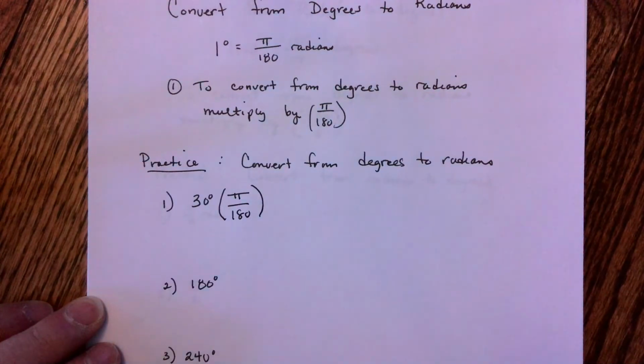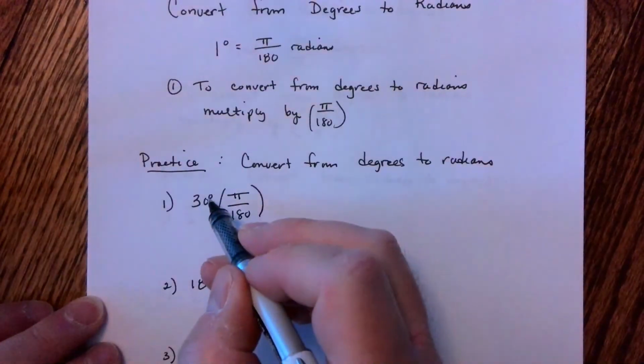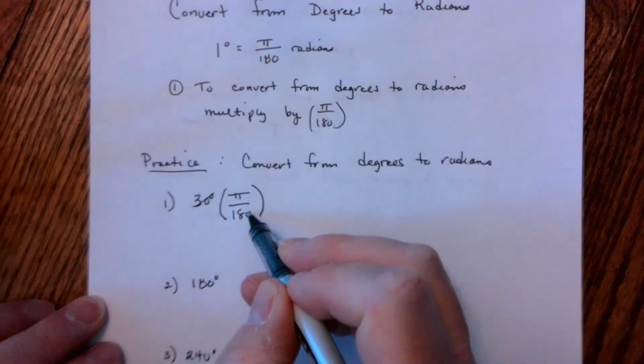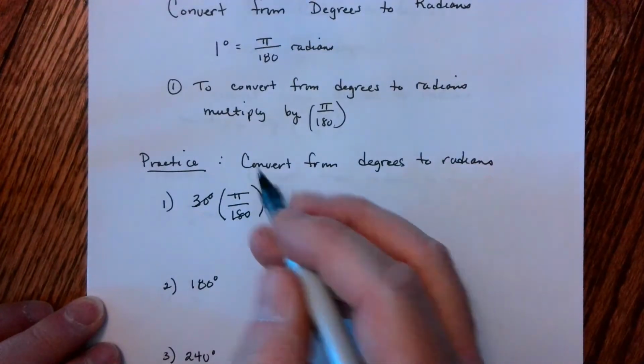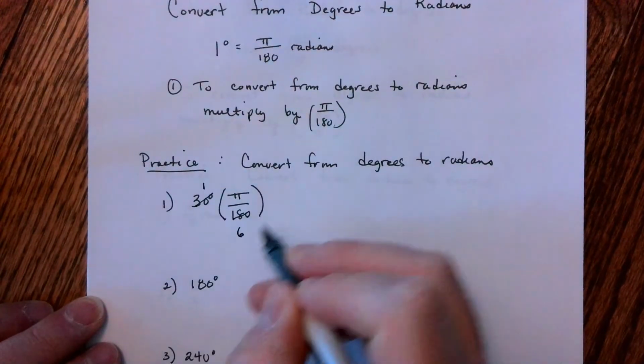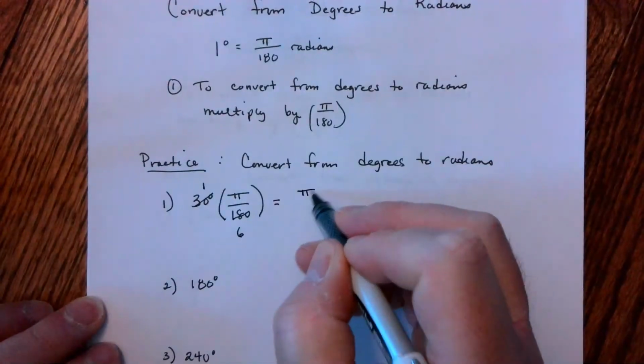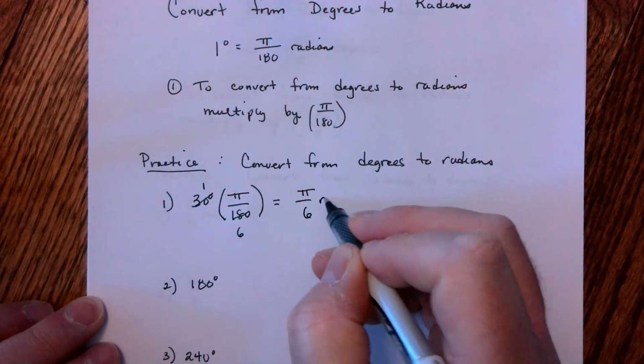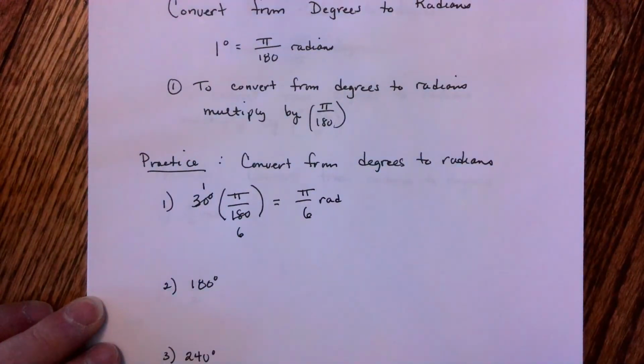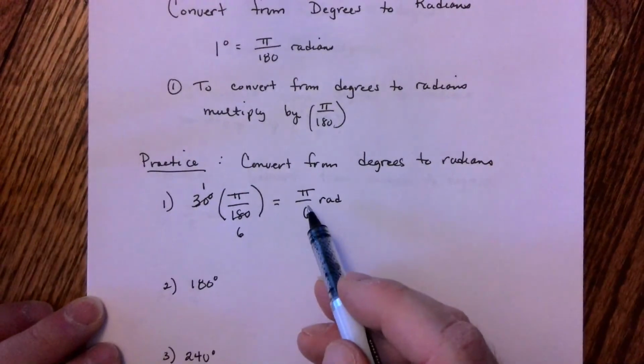I hope you can see that 30 will go into 180 6 times, so this is going to be 1 over 6, and I end up with pi over 6 radians. By the way, you leave your answers in terms of pi. You don't need to multiply by 3.14.